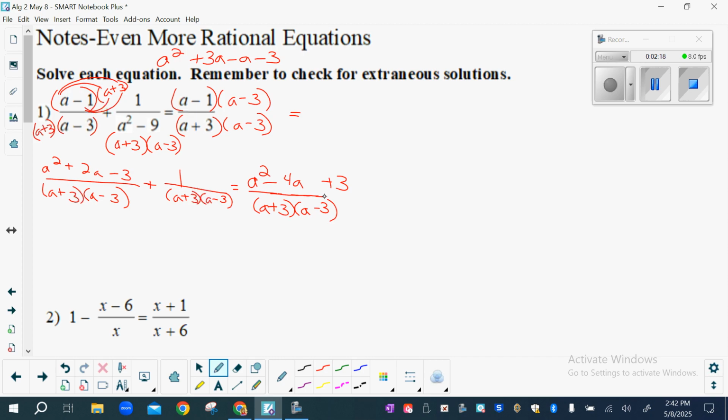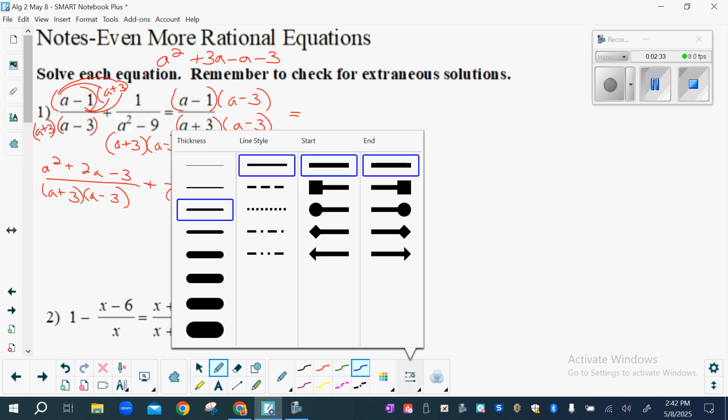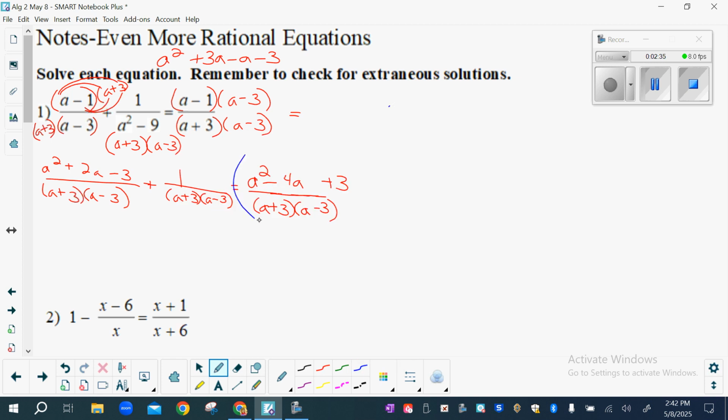So now, what's our next step? Get rid of the denominators first, right? So multiply both sides by the a plus 3, a minus 3. What is a plus 3 times a minus 3?